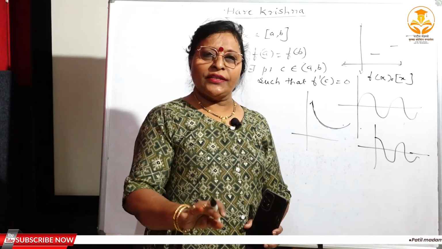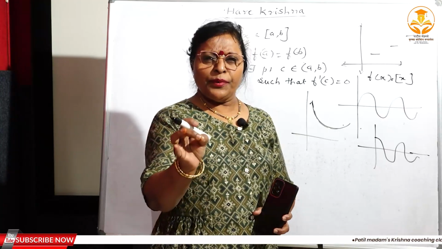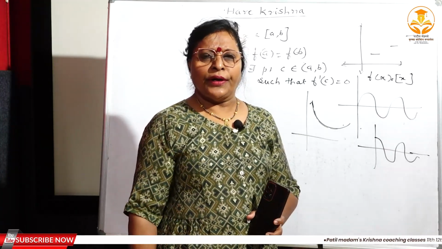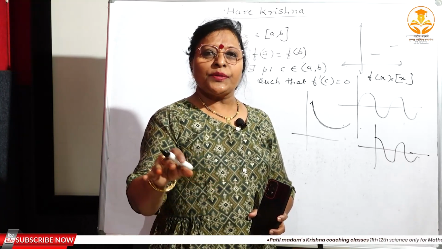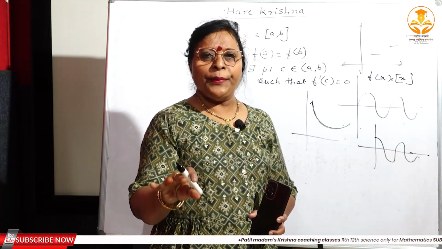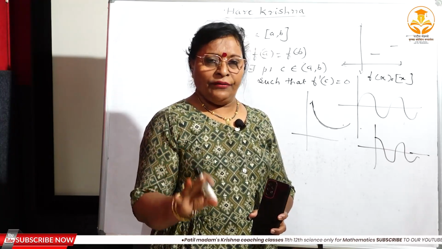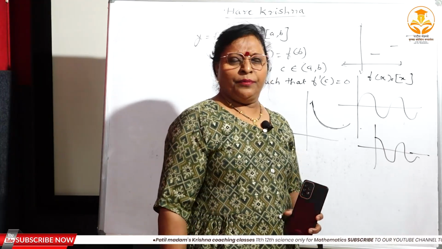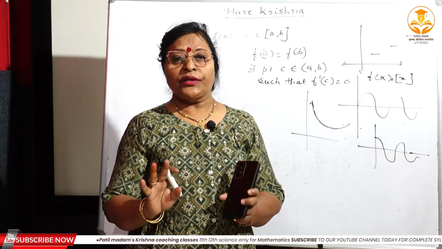Therefore, in every example you have to write that the given function is derivable. In some examples you can't find the derivative, or it may be undefined in the given interval. But in general, the functions are given continuous as well as derivable.